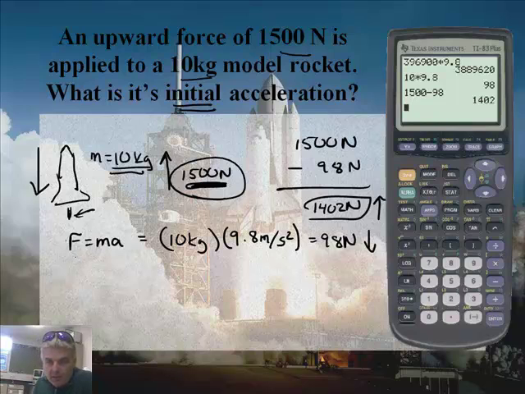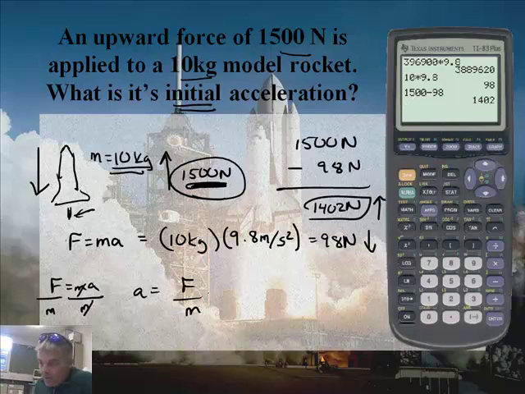As you recall, we said F is equal to ma, but if we divide both sides by m, the m's cancel, and a is equal to F over m. Our net force is 1,402 newtons, and we're going to divide by the mass, which was 10 kilograms. I really don't need to do this in my head, but I'll do it on the calculator just for fun.